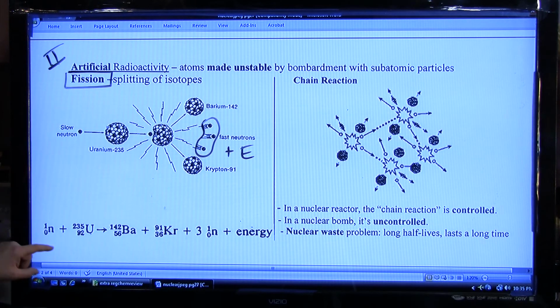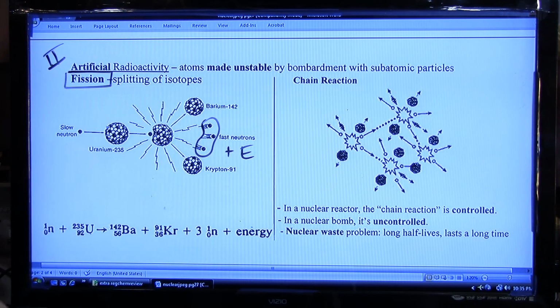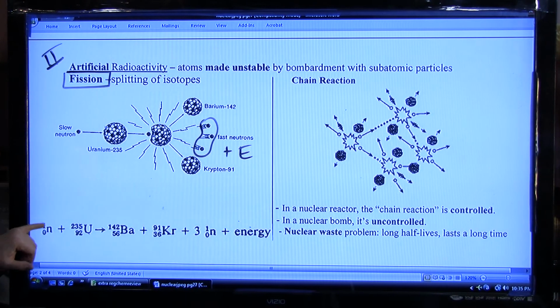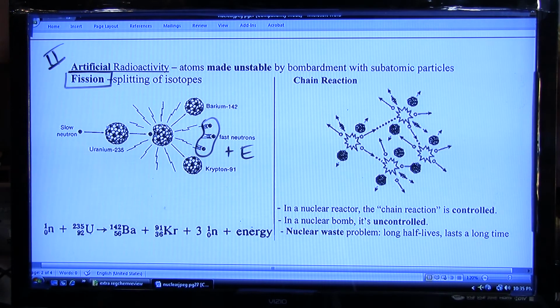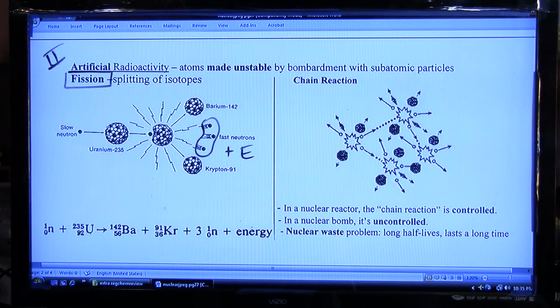All right. Here's the equation of this illustration here. The neutron, the n-1-0, which you would find in Table O for neutrons, the uranium-235, mass number and atomic number. I got that 92 here from the periodic table.